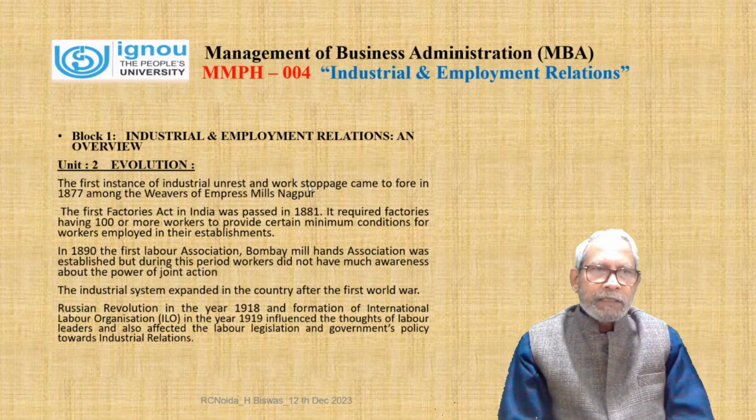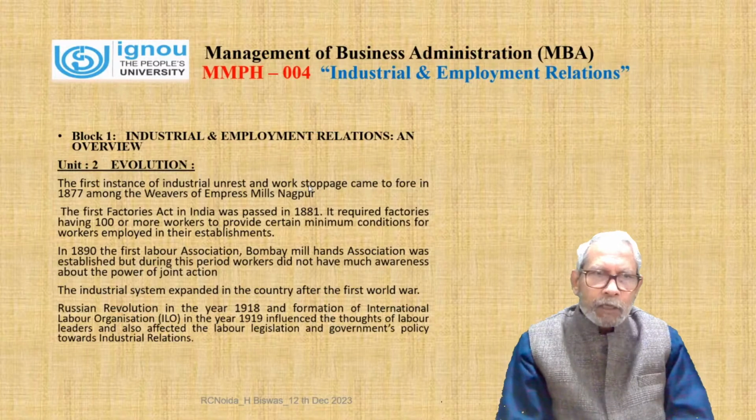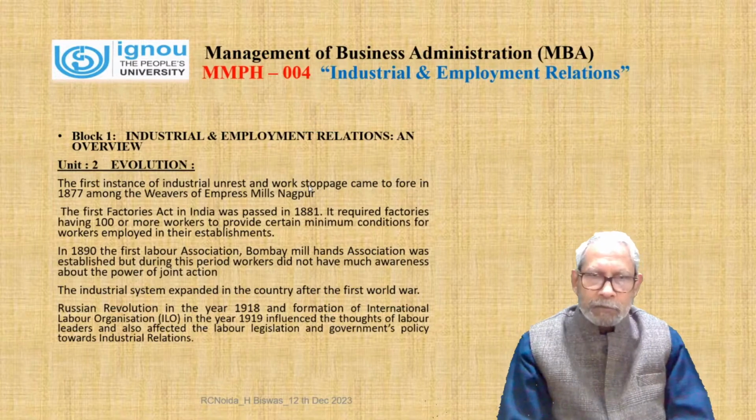It required factories having 100 or more workers to provide certain minimum conditions for workers employed in their establishment. If there are 100 or more workers, then definitely some minimum conditions should be fulfilled.